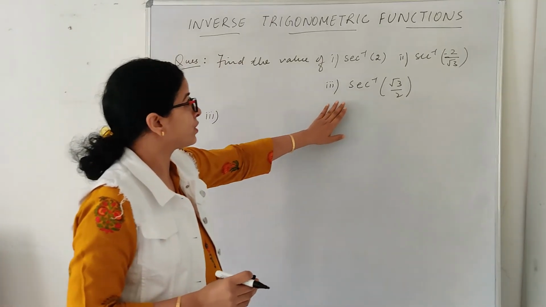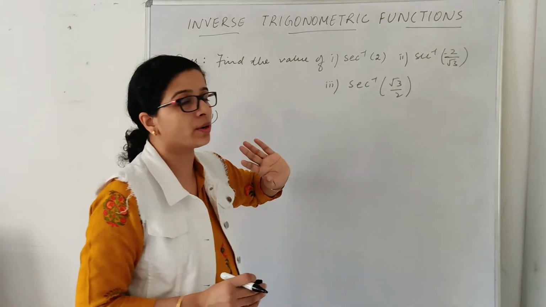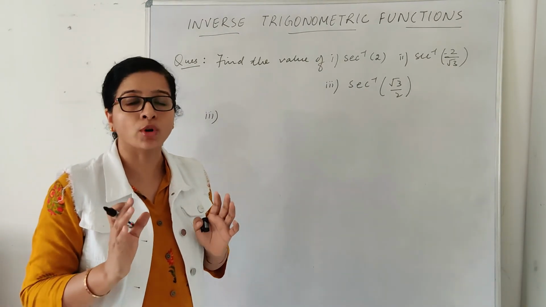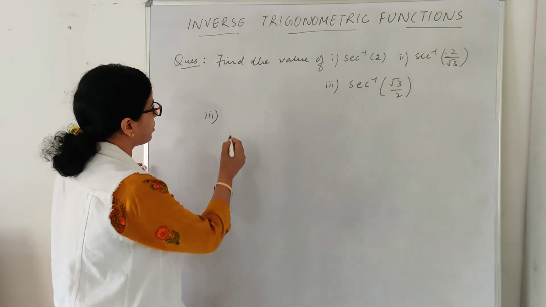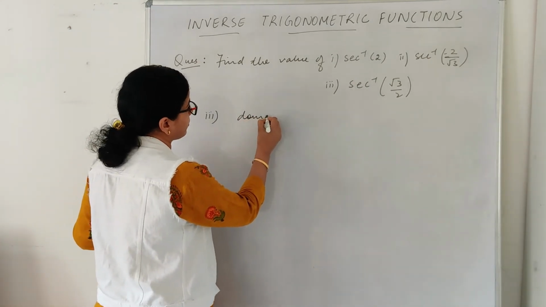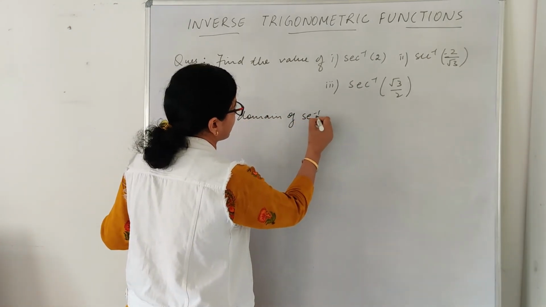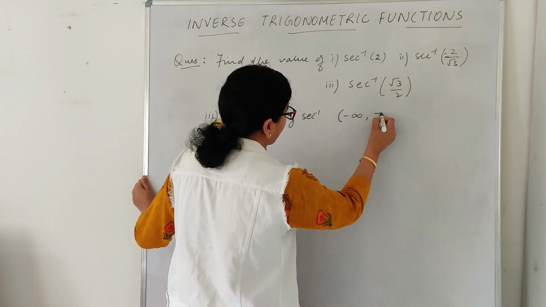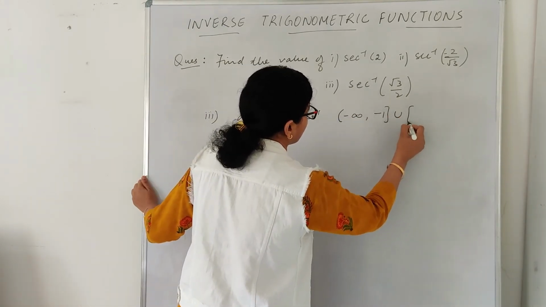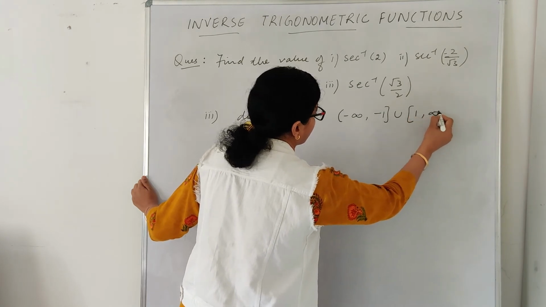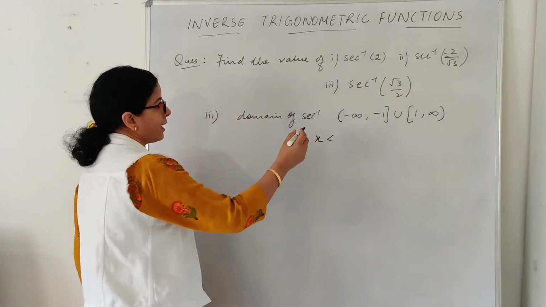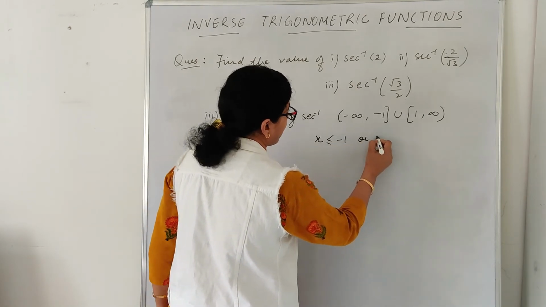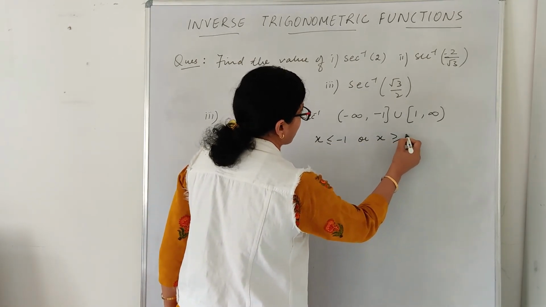Now let us check for secant inverse root 3 by 2. Now listen, what is the domain? I am not talking about the range, I am talking about the domain here. The domain of secant inverse is minus infinity comma minus 1 union 1 comma infinity, that is, x less than or equal to minus 1 or x greater than or equal to 1.